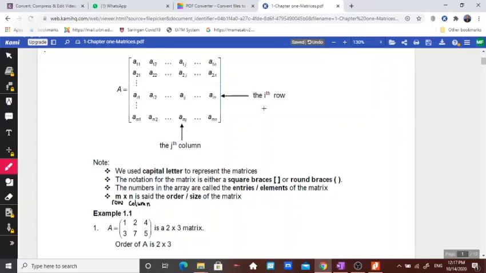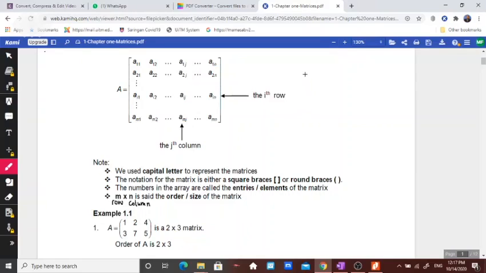Another term in the matrix is the i j, the location, the position of the element. We use i to mention the row and j to mention the column.